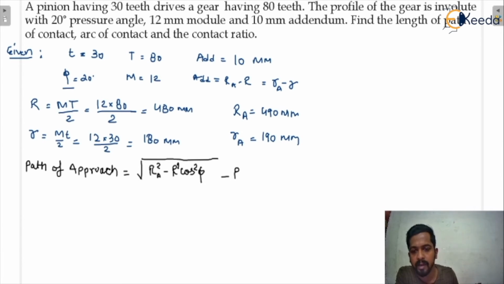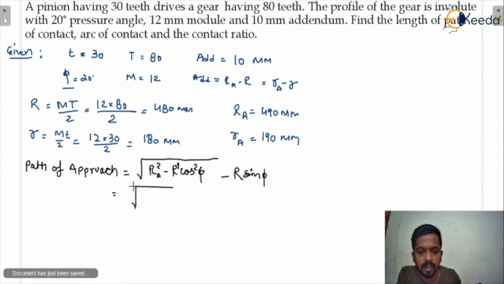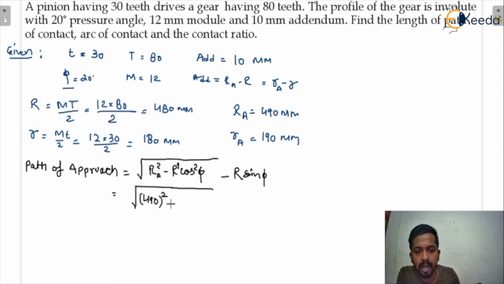Whenever you solve questions based on the path of contact and arc of contact, write down the formula again and again in every question. So just use the value RA, that is 490 square, minus R square, which is 480 square, cos square phi, where phi is 20 degrees, minus R sin phi. R sin phi is not considered under the root.